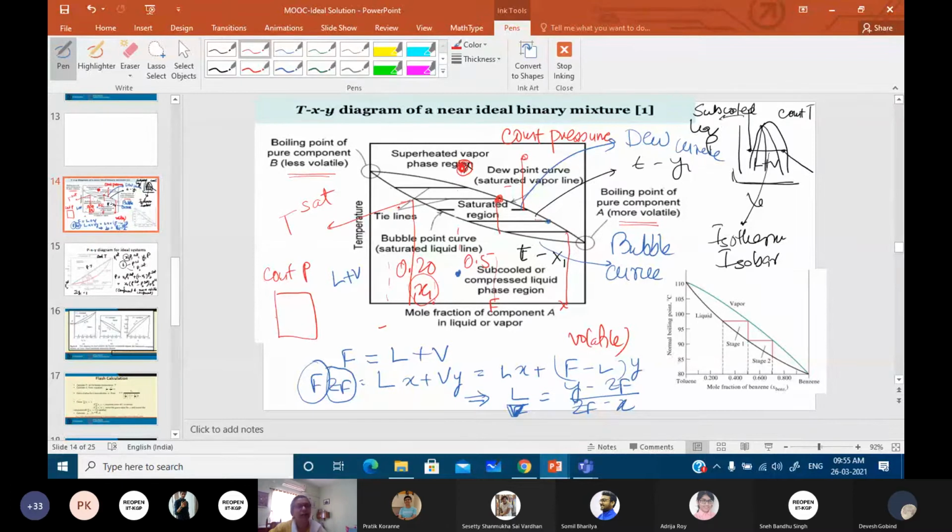From here, I would like to extract 90% of the propane. What does it mean? That means from these 20 kgs, you would like to take out 18 kgs of the propane. It will definitely have some impurities of butane with it also, but you would like to recover this much amount from the mixture.